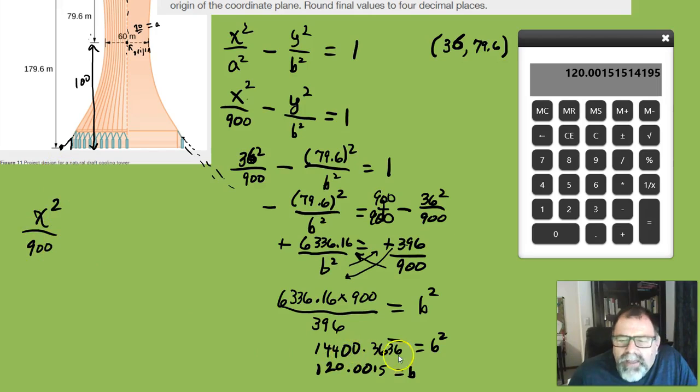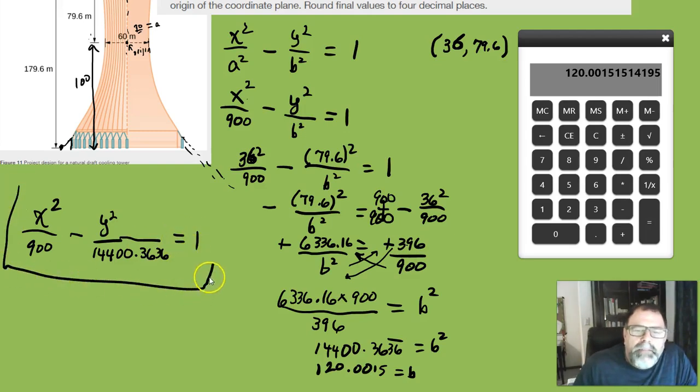Remember what I said, I was laughing at my students because they'll do this, and then you have to square it when you put it in here. So I didn't actually have to do that. I kind of forgot what I was doing. So b squared is 14,400.3636, and then the next number would be a 3, so if I round it, it'd be 14,400.36, equals 1.